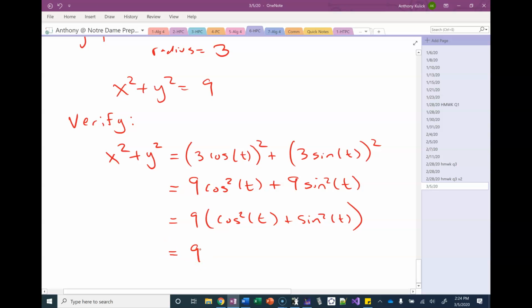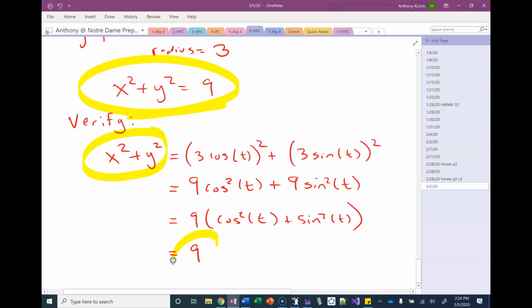So we get 9. What were we expecting to get? 9. x squared plus y squared is equal to 9. What do we have? x squared plus y squared is equal to 9. We got it. Everybody feel good there? Okay.